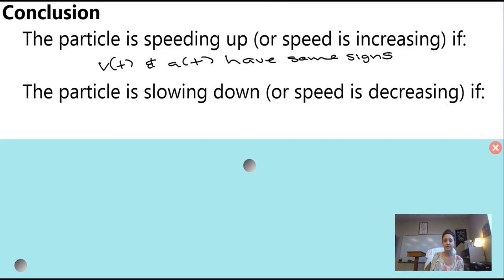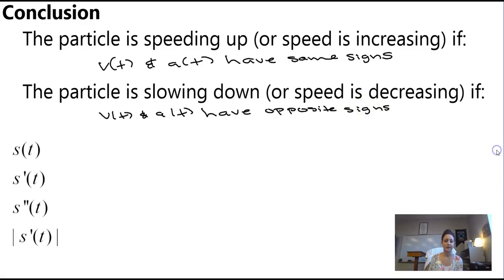The particle is slowing down, or the speed is decreasing, if v of t and a of t have opposite signs. So one positive, one negative. Okay. All right. So go ahead and copy this as well.